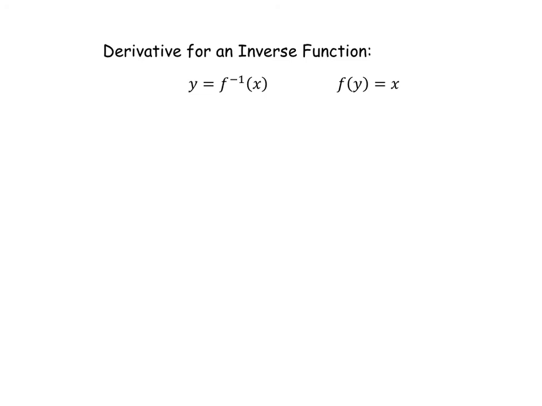So I can differentiate this implicitly defined function by using the rules that we've done so far. I'm going to take the derivative of the outer function times the derivative of the inner function. And of course, the derivative of x is 1.